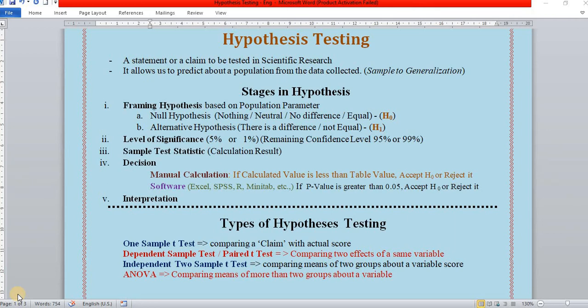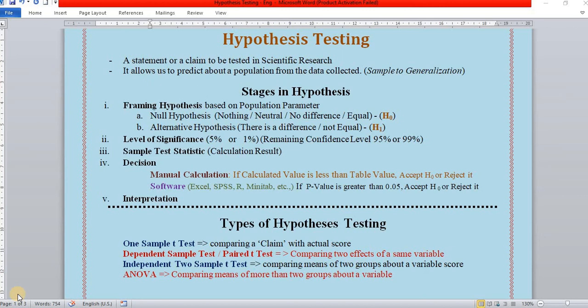The second testing is the dependent sample test or paired t-test, comparing two effects of a sample variable, that is, before and after. Say for example, the number of tests before and after corona pandemic.